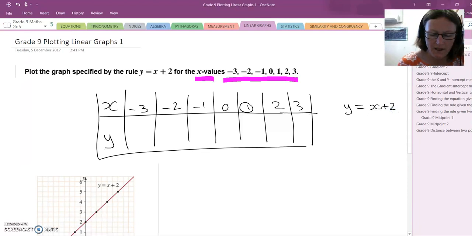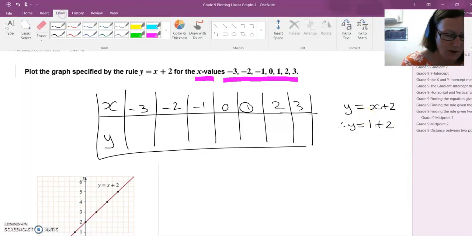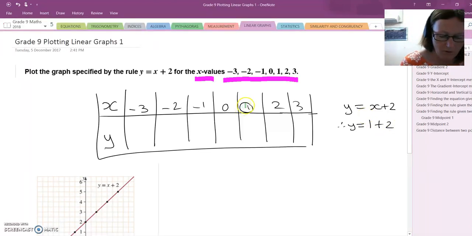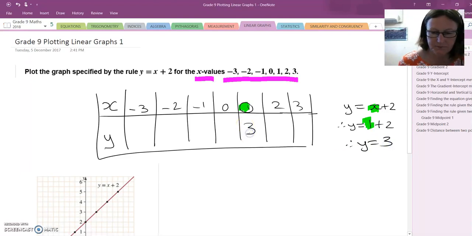But in this case, x is 1. So instead of x, I write 1 plus 2. So in other words, I've put that 1 there in place of x. And I'm now going to work out what the corresponding y value is. So y is 3. So I put 3 there.